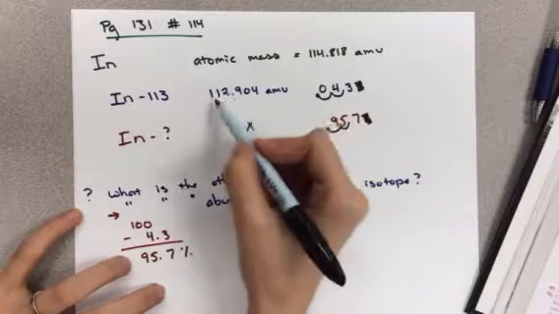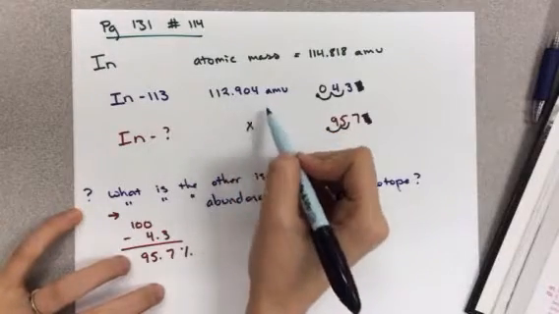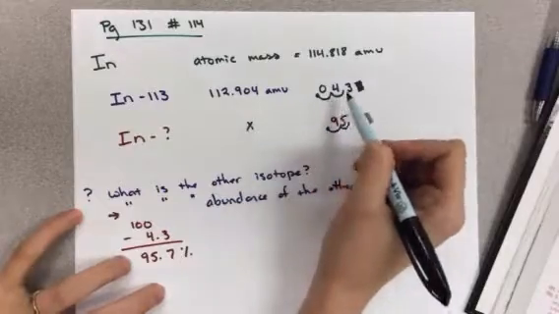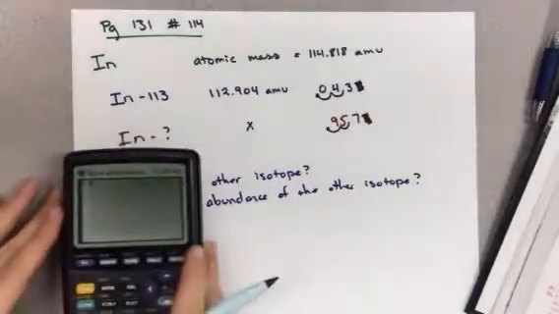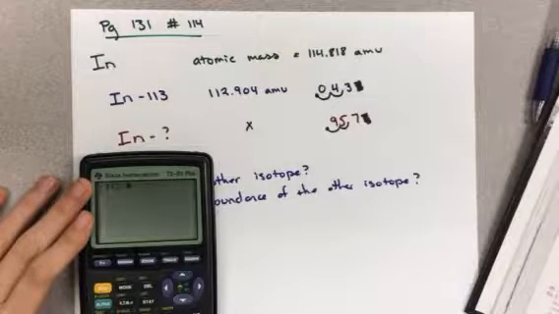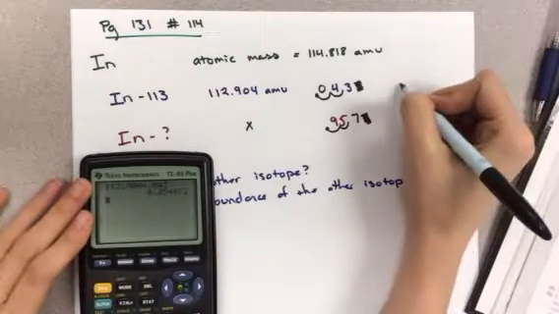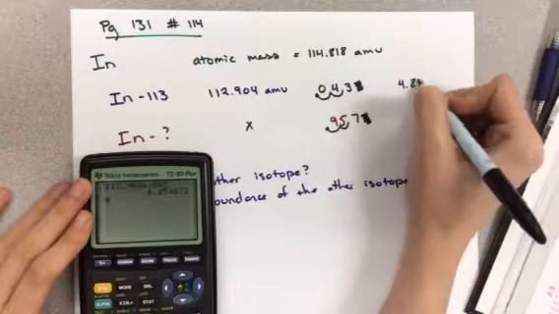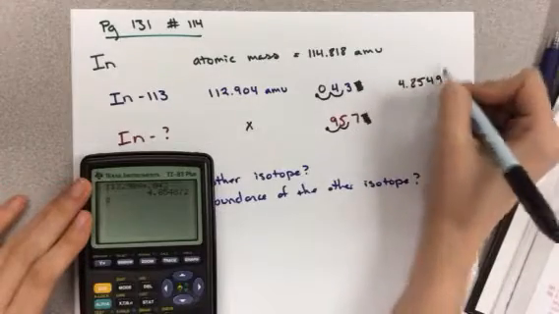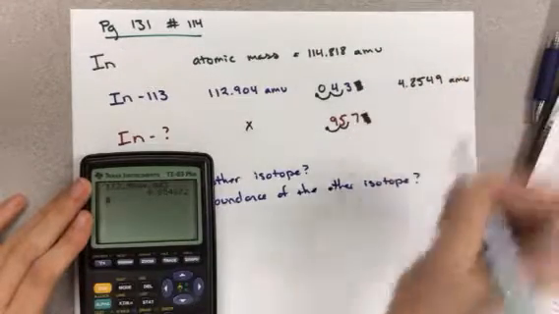So we are going to do 112.904 times this abundance, times 0.043. Let me get my calculator so we can do that. 112.904 times 0.043, and we get 4.854, and I'll round right there, AMUs.